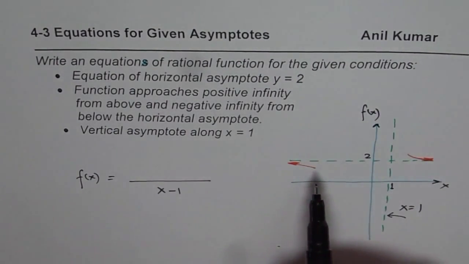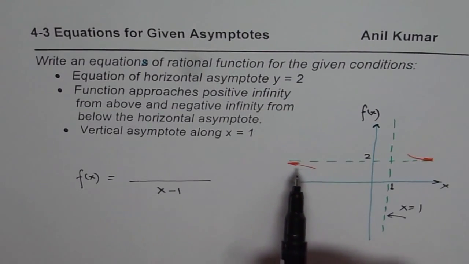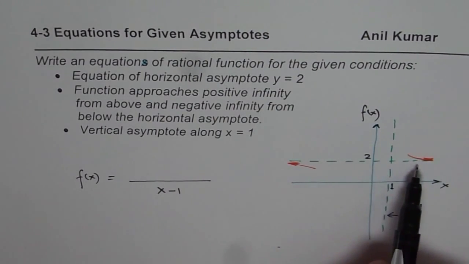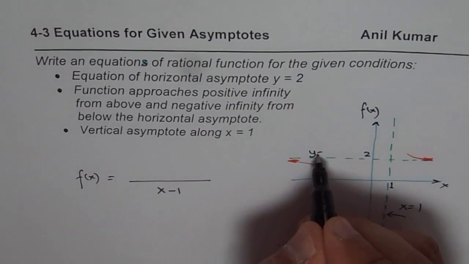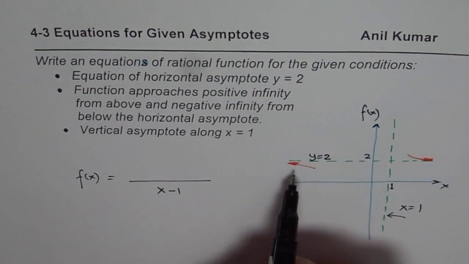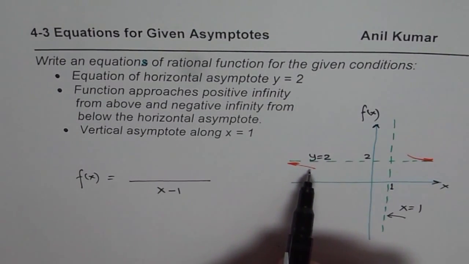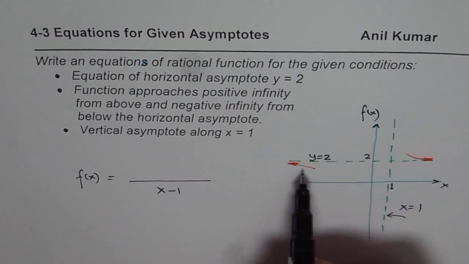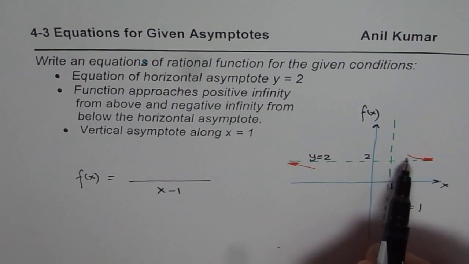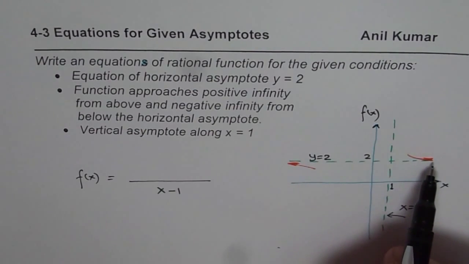Now the difficult part is, first, that the horizontal asymptote should be at y equals 2. This is y equals 2. Second, the end behavior. The function will be approaching the horizontal asymptote from below when you approach negative infinity, and from above when you approach positive infinity.